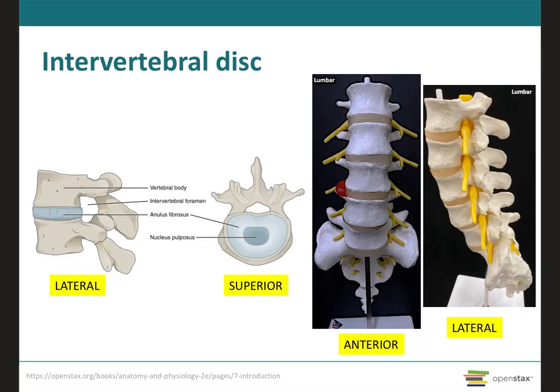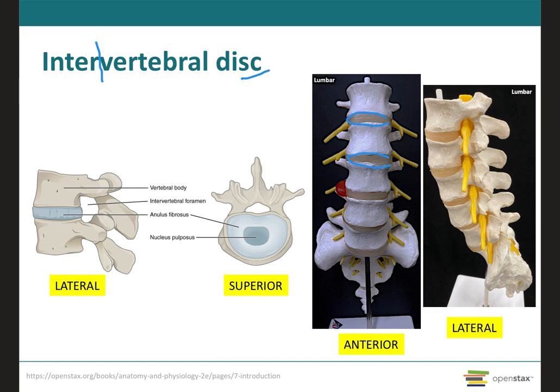From the second cervical vertebrae all the way down to the sacrum, these structures that are called intervertebral discs, where inter means between, are going to be found between the bodies of the adjacent vertebrae, as we can see over here.